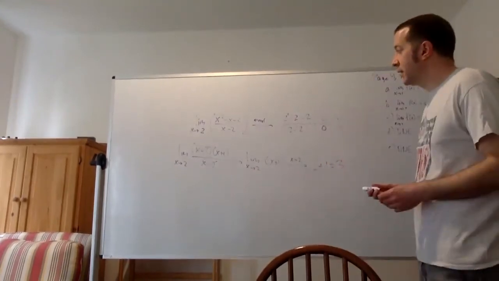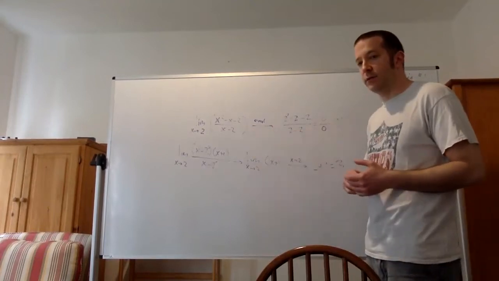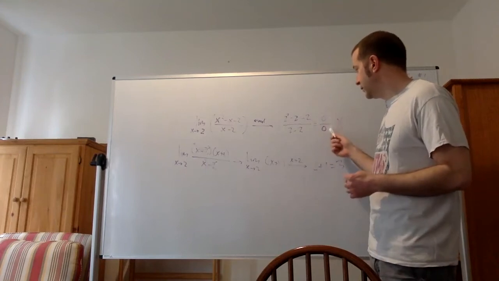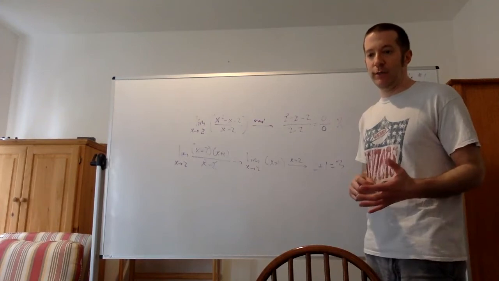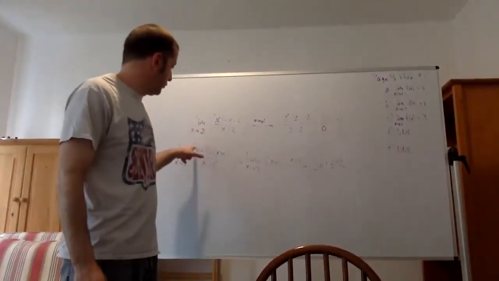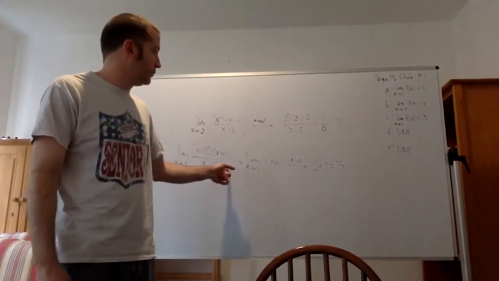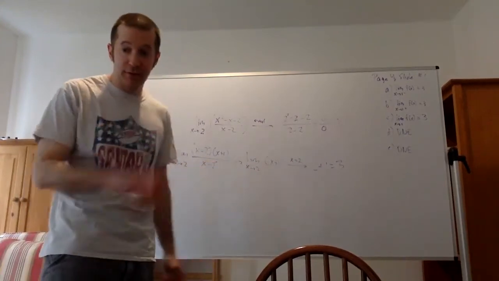So you can see you always try evaluating first. If you get something indeterminate like this, 0 over 0, that means you're going to have to do some kind of manipulation algebraically. And once you do that manipulation and cross out a factor, something like that, you will end up being able to just plug the value in for x and see what it is.